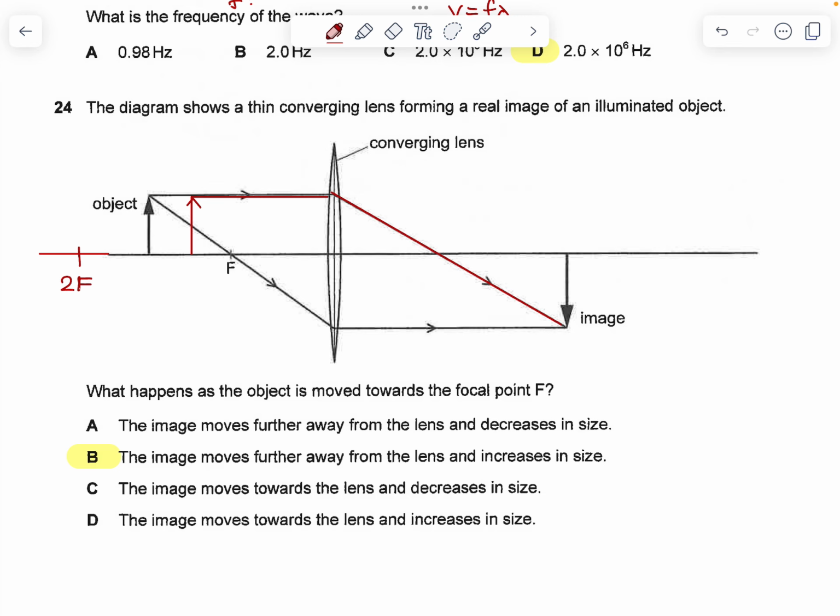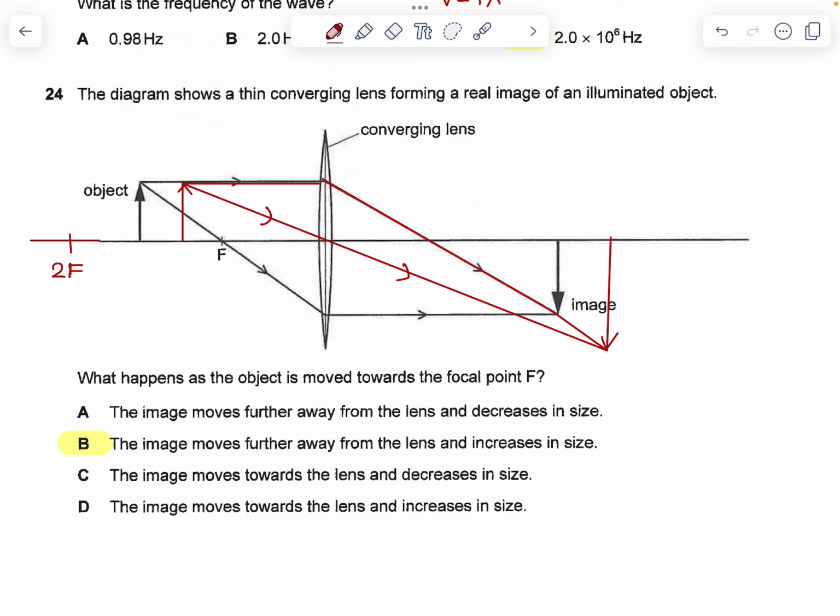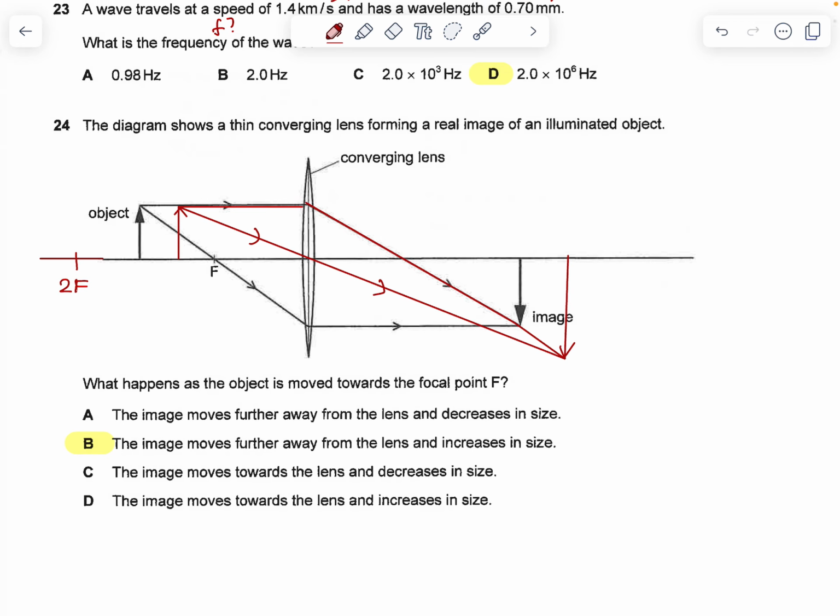But now you realize that the image will be larger. So as it moves further away from the lens, it increases in size. Sorry, when the image moves away from the lens, it increases in size, and the object moves towards the focal point F.